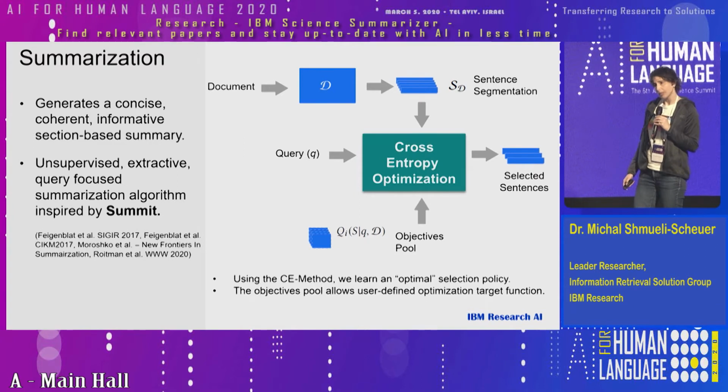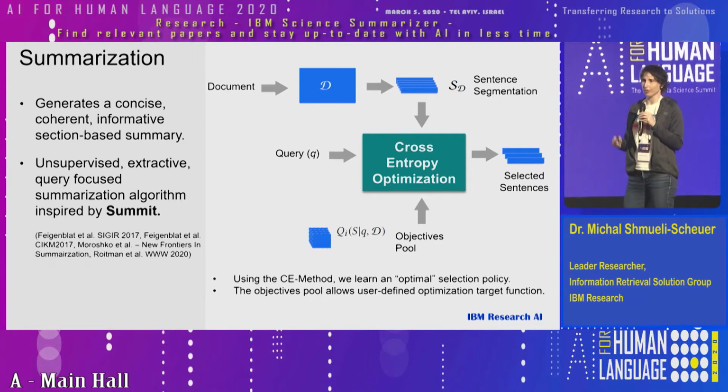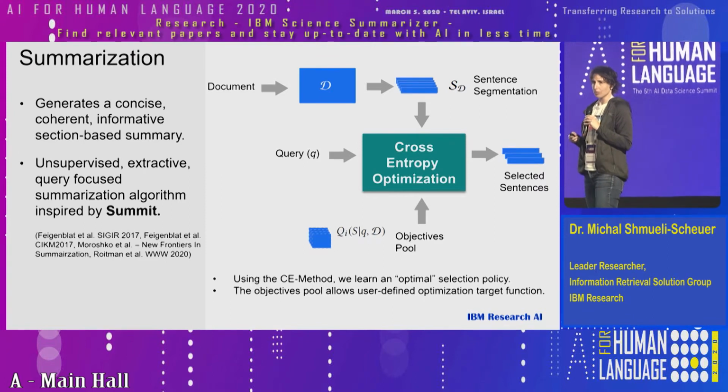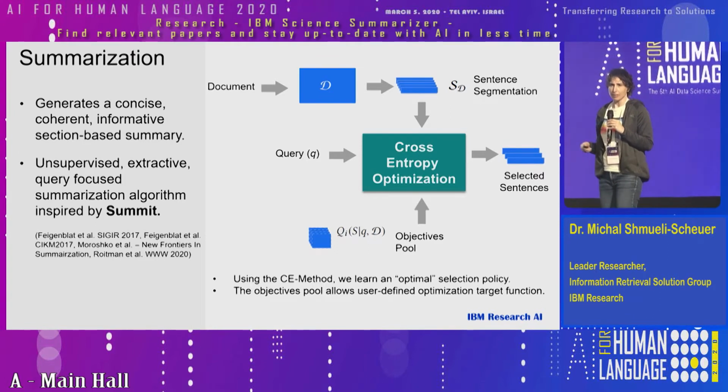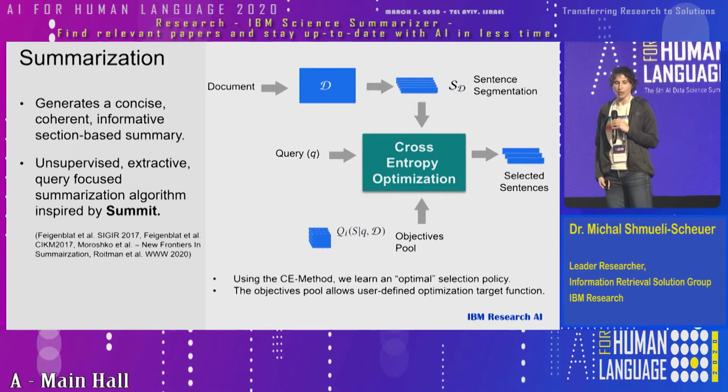And in addition to the goals, also the language between sections in the same paper can vary a lot. So in order to be able to give enough attention of the algorithm to each one of the sections, we decided to do the summarization per section, and at the end, to concatenate all the sections into one long summary. And this is our approach.